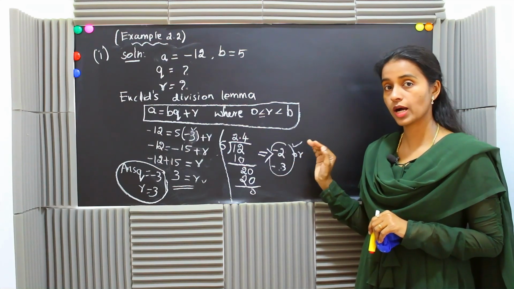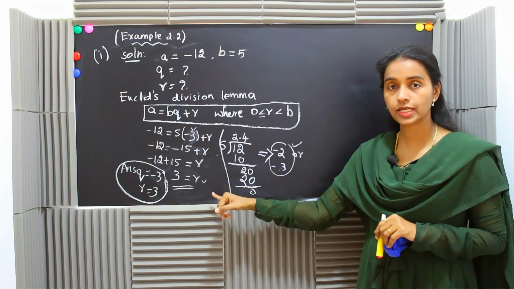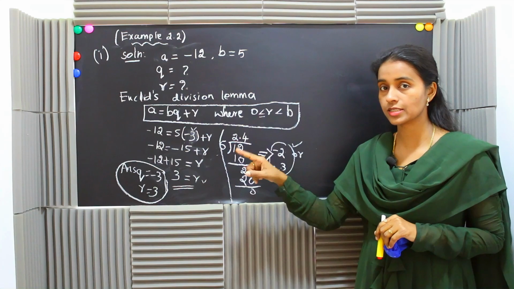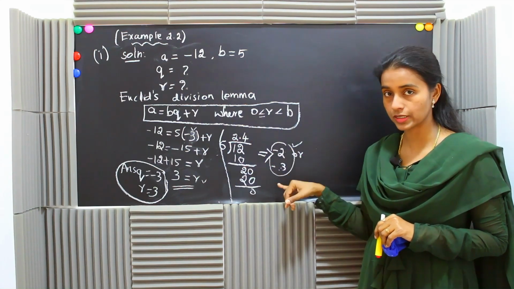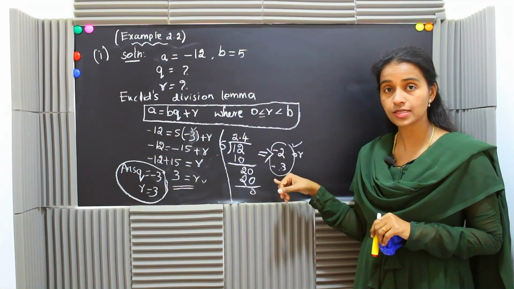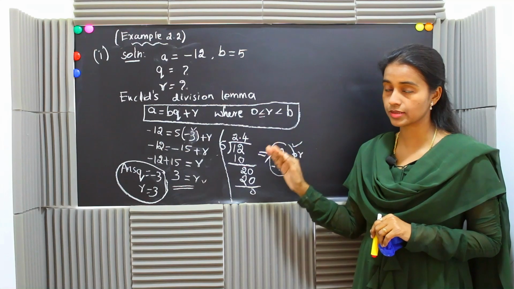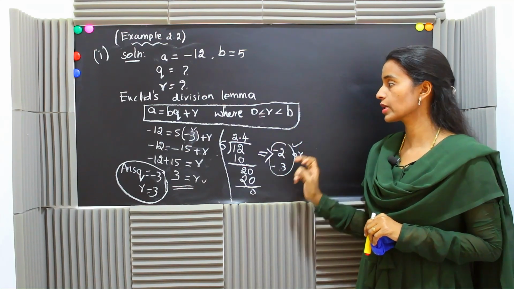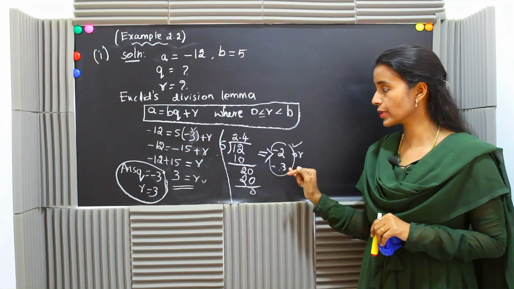But you have to apply minus 2 first. If you are getting remainder as negative, that answer will be wrong, so you have to go for the next option. If you are getting remainder as a positive number, then that quotient is correct. Okay. So here we are getting quotient as minus 3 and remainder as 3.